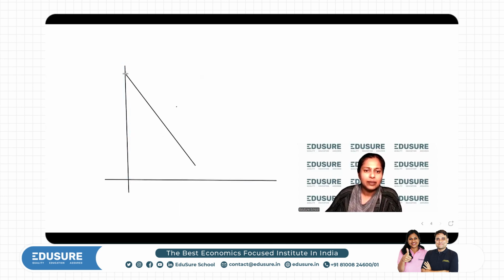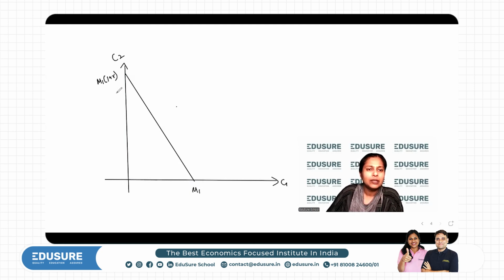This is the budget line with C1 here, C2 here, and M1 here, M1 into 1 plus R here, and minus 1 plus R is the slope of the budget line. And the equation of the budget line is C1 into 1 plus R plus C2 is equal to M1 into 1 plus R.